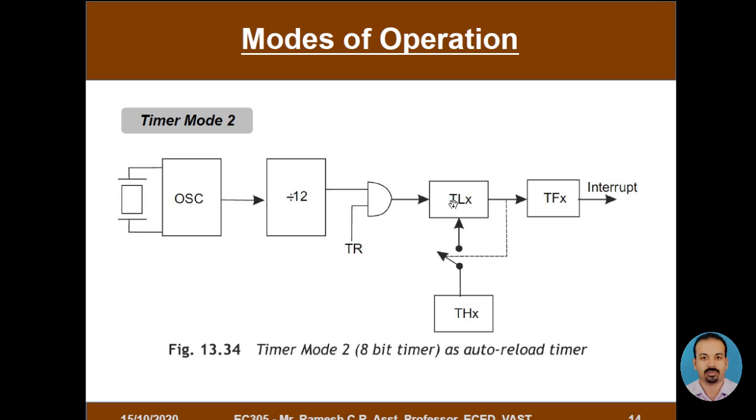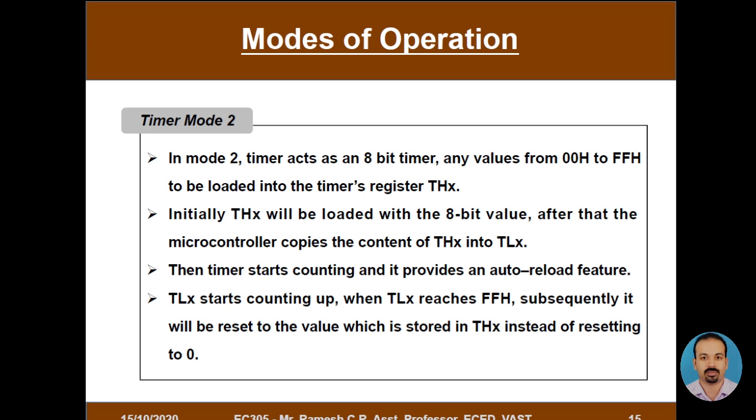On the occurrence of overflow from FFH to 00, the timer flag will be set, and this overflow automatically enables copying of the value loaded in the THX register to the TLX register. That is the mode of operation of the timer modules in mode 2. The maximum is from 00 to FFH, that is 256 count values can be obtained in this case.